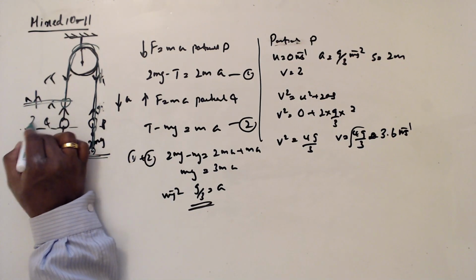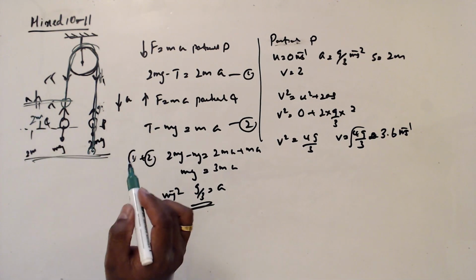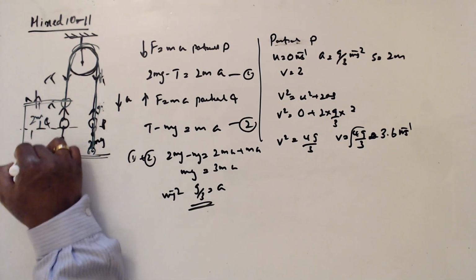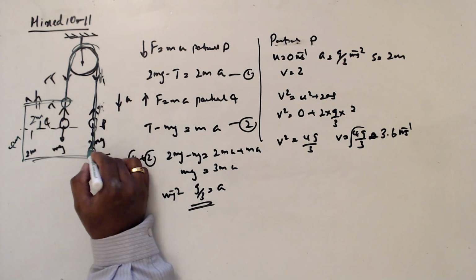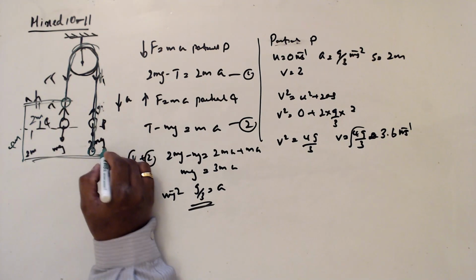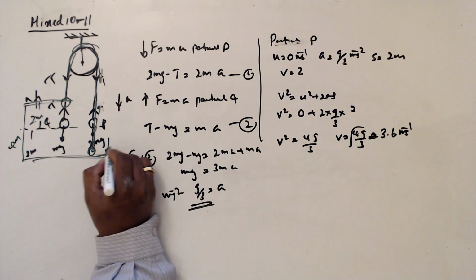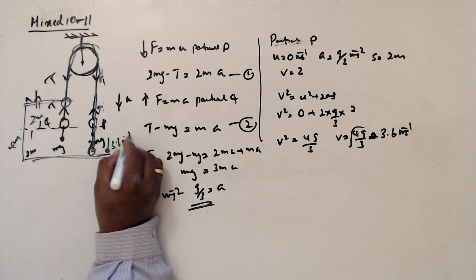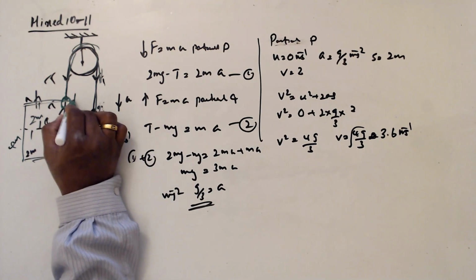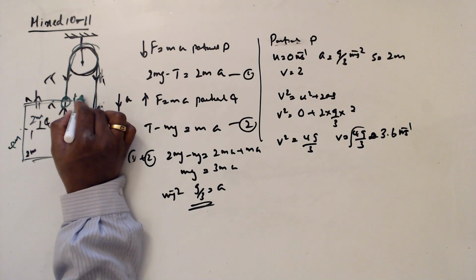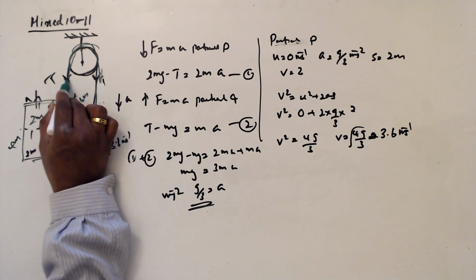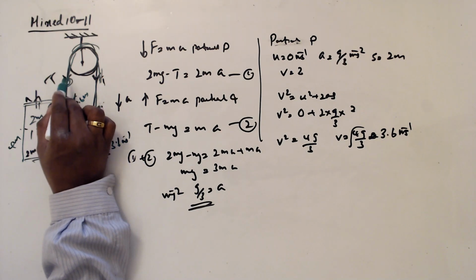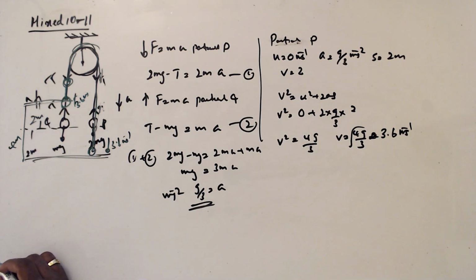So that is the ground level, 2 meters high. So then the total is 4 meters from the ground level. And also when it hits with this speed of 3.6 down, this particle has 3.6 speed up, and it will go up to here until the velocity becomes 0.